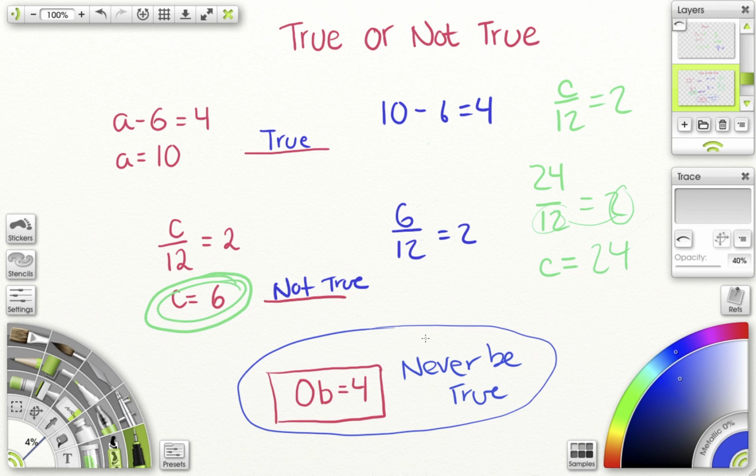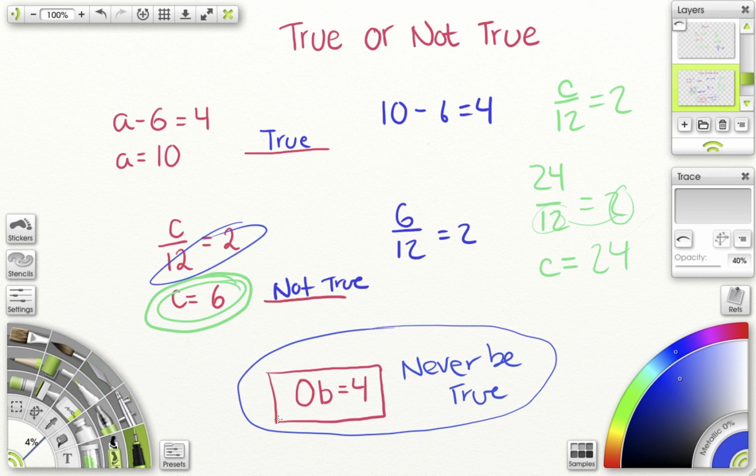The next statement is if it's true, you leave it. If it's not true, you have to change the number in order to make it true. So like our problem here, we made it true by figuring out what c had to be worth in order to make it true. So to make these statements true, you can only ever change the variable. You can only ever change what the letter is worth. You cannot change the rest of these numbers like 12 and 2. All right? So that is that section.